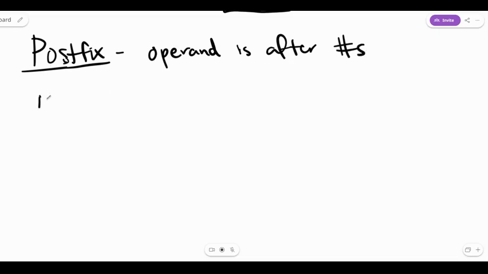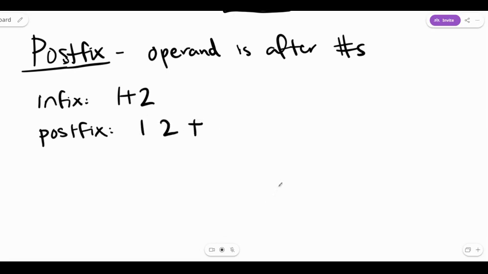For example, if in infix you have 1 + 2, then in postfix it will be 1 2 +, whereas in prefix it's + 1 2. So in postfix, the operand is post, or after, the two numbers, and that's a way to remember it.